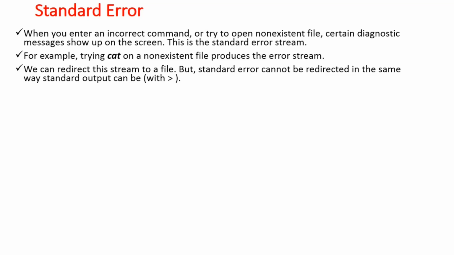You can redirect this stream to a file, but the standard error cannot be redirected in the same way as standard output can. The greater than symbol, which redirects the standard output result, does not work here for standard error.